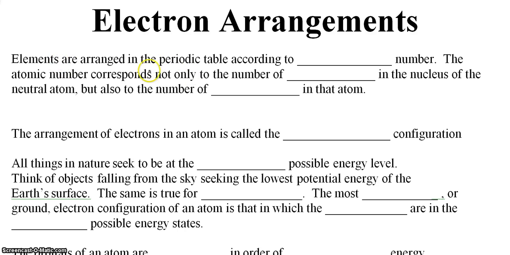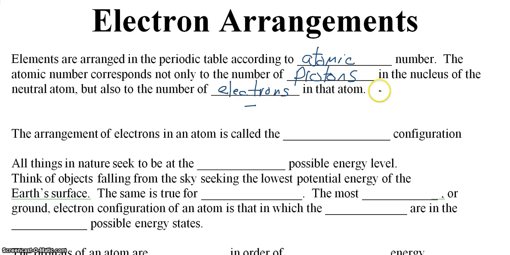So elements are arranged in the periodic table according to the, hopefully you know this, atomic number. The atomic number corresponds not only to the number of, guess the blank, sorry, it is protons in the nucleus of the neutral atom, but also to the number of electrons in the atom.